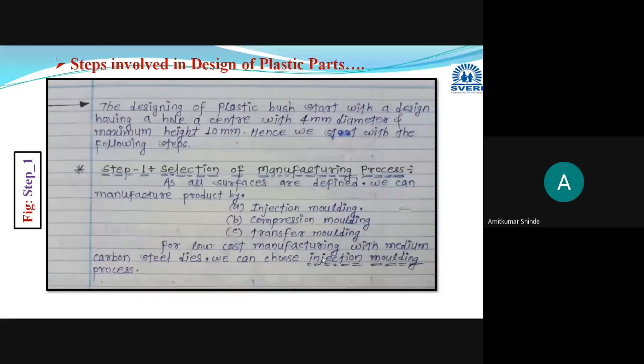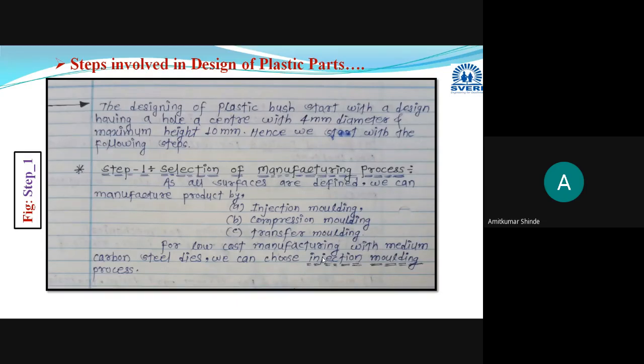To do the mass production, the most economical method from these three methods is injection molding. Injection molding is the low cost manufacturing method, and here we are going to use medium carbon steel dies. Whichever die is required will be manufactured from medium carbon steel material, and mass production can be done with the minimum cost. That's why we are going to choose here injection molding process.